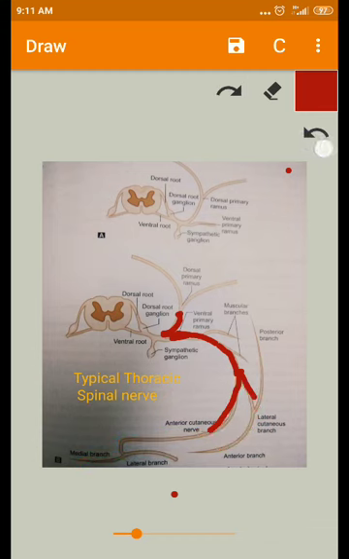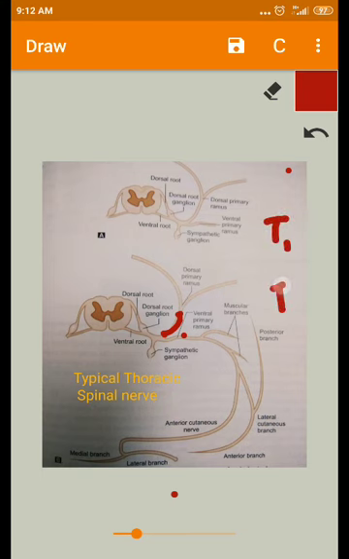Intercostal nerves are nothing but the ventral rami of these thoracic nerves. They are mainly formed by the anterior primary rami of spinal nerves from T1 to T11. Why?